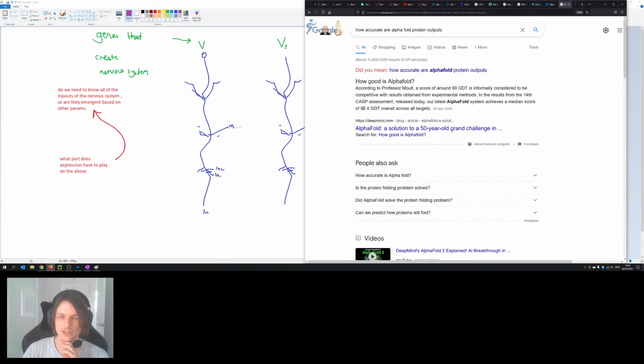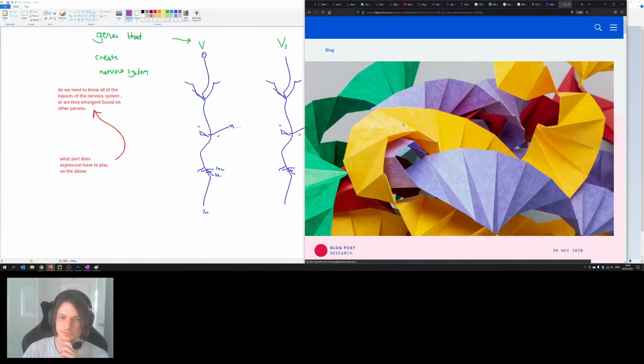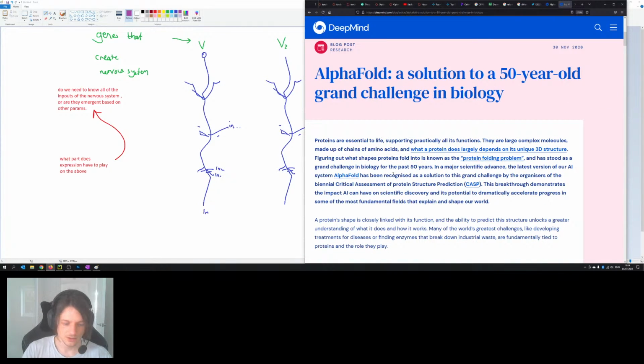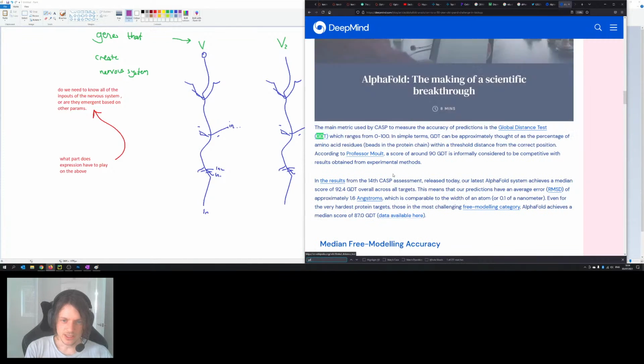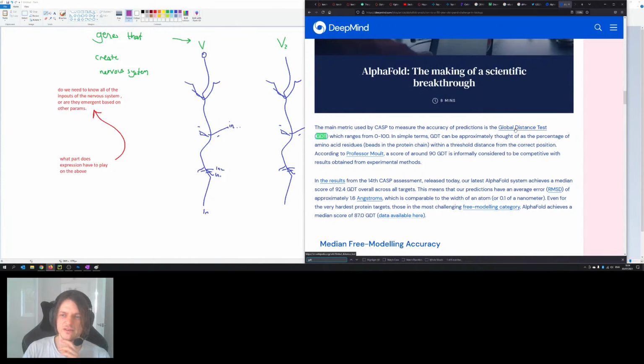Median score of 92.4 GDT. Informally considered to be competitive with results obtained. What does that mean though? GDT, Global Distance Test, the main metric used by CASP to measure the accuracy of predictions.